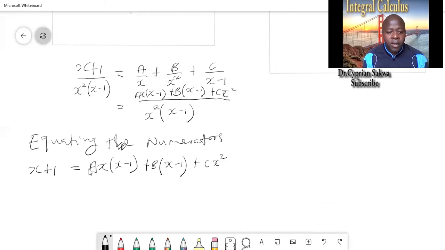To get the values of a, b, and c, I can begin by finding the value of c. For me to find c, I need x to be 1.